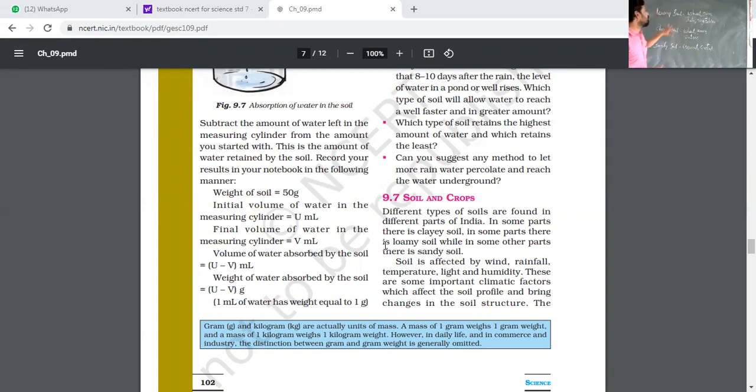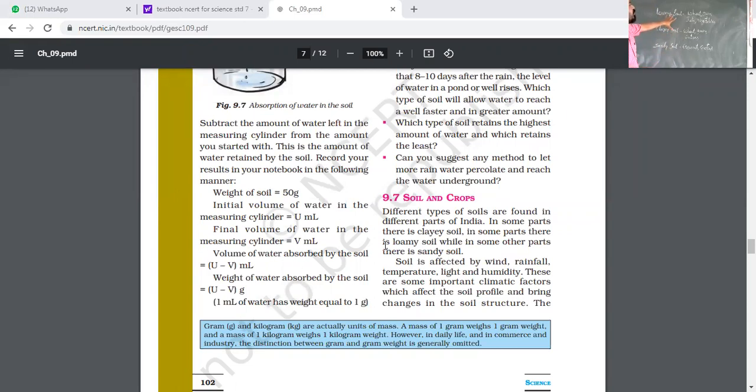See here, these are the 3 types of soil where you have the idea that these are the main crops developed or grown by the farmer.